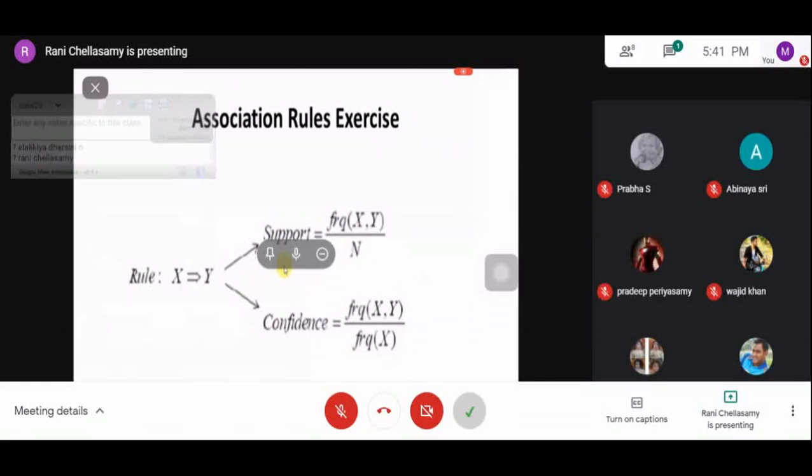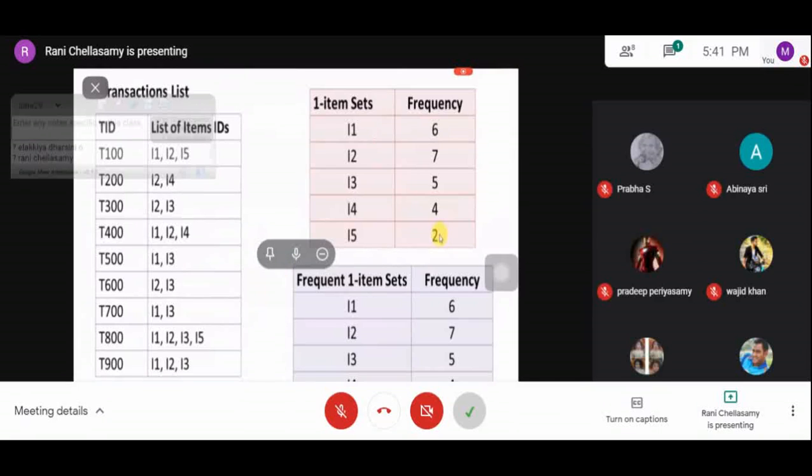The first thing, from the given database, is to calculate the one item sets. What are all the items in the given transactions? You can list them out: I1, I2, I3, I4 and I5. These 5 items exist across the transactions. So for one item sets, we go with only one item at a time. So what is meant by frequency?